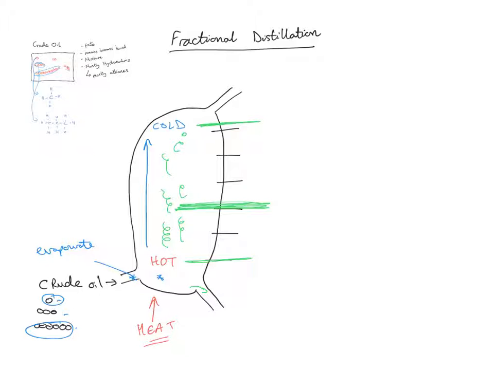Now each different carbon length chain coming off at each point is called a fraction. Hence the word fractional distillation. And so the top fraction, your smallest chains, are things like refinery gases and liquefied petroleum gases. And these are really small chains, such as methane, propane, butane, and they can be used in cooking gases.